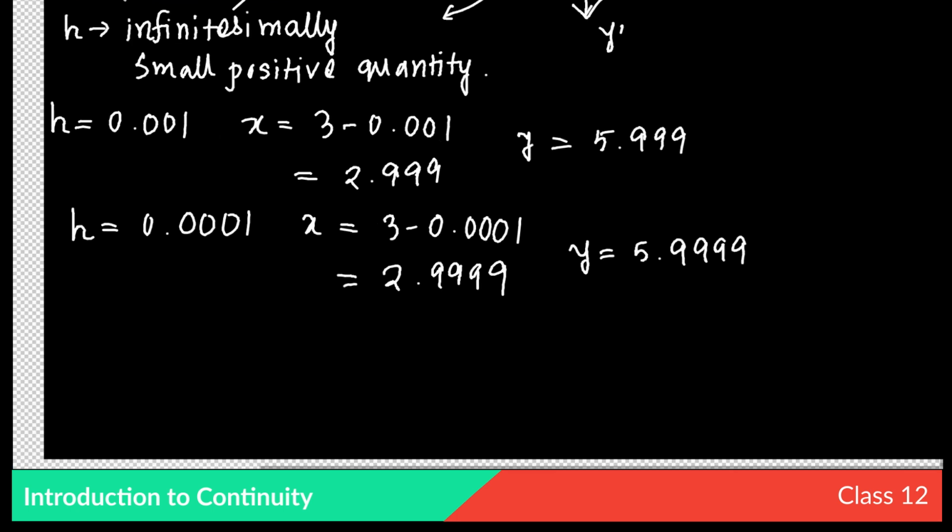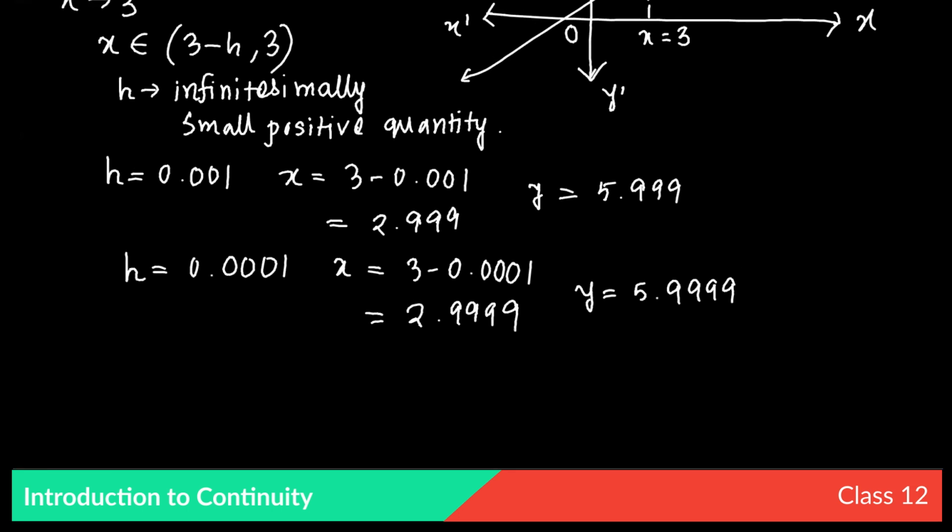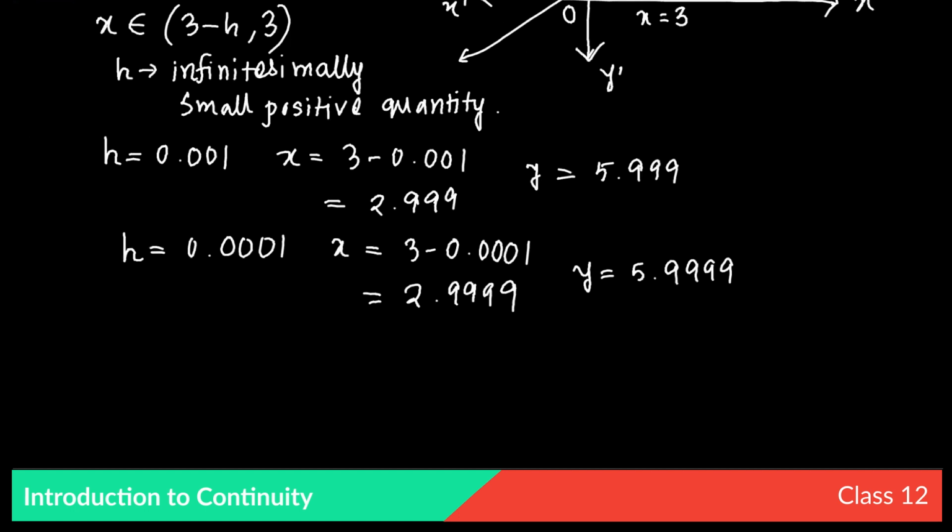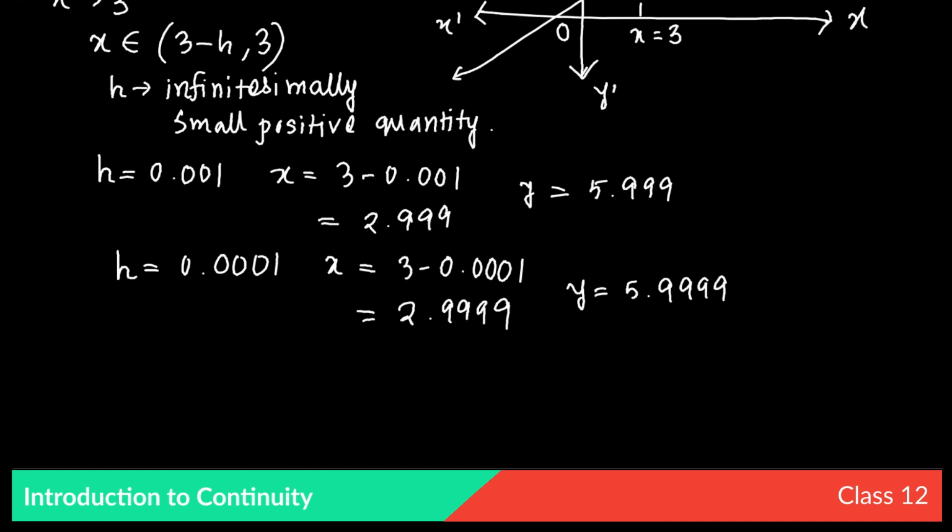So from this observation, you can very well see that when the sequence of values of x is approaching 3 minus, that means approaching x equals 3 from the left hand side, the sequence of values of y is approaching what?